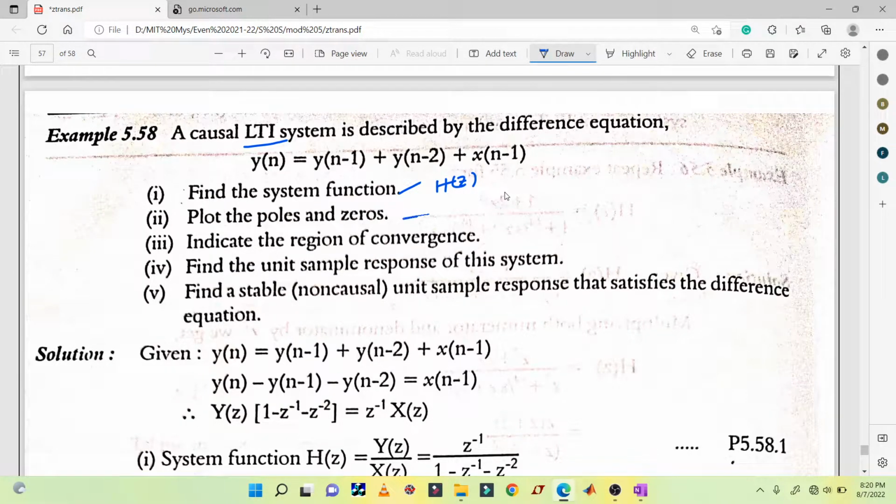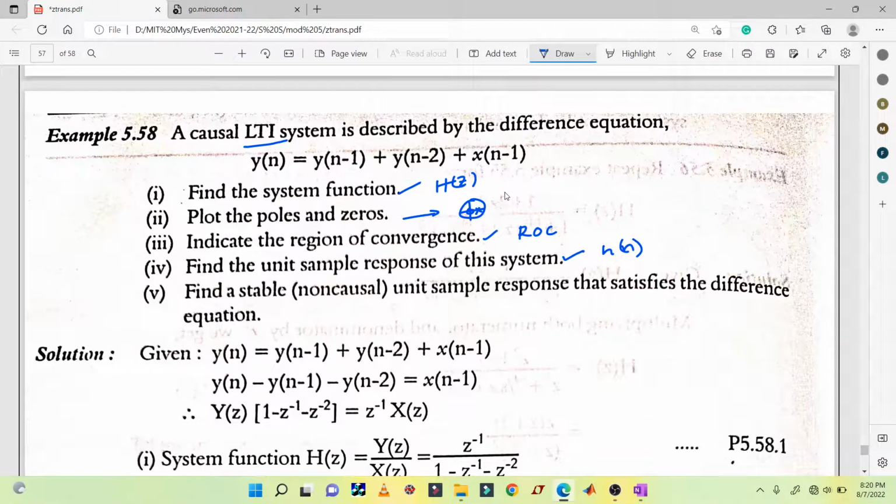Next, we need to plot the poles and zeros. Then indicate the region of convergence, that is ROC. Then we need to find out the unit sample response of this system, that is h of n.